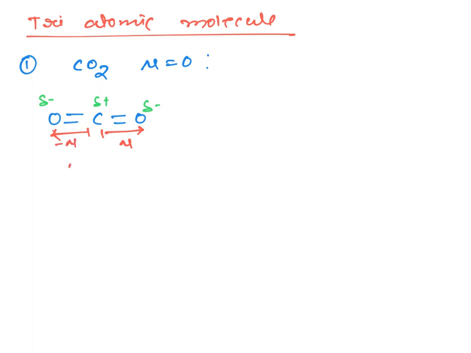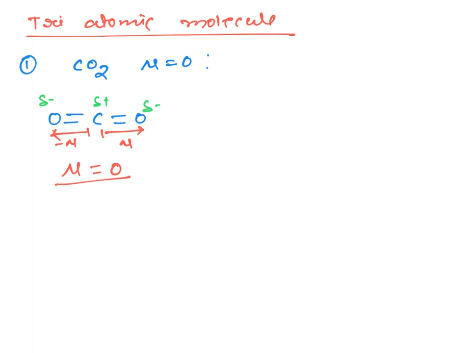Overall, the resulting dipole moment is mutually cancelled and is 0. So when a triatomic molecule is linear, the dipole moments mutually cancel and it shows 0 dipole moment.